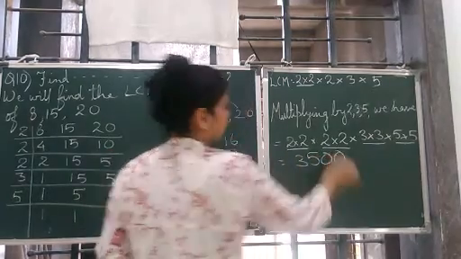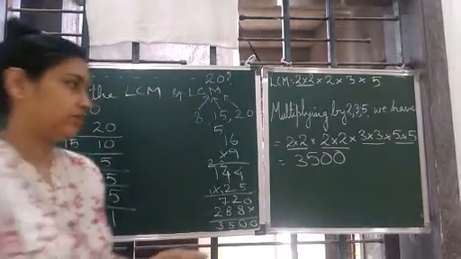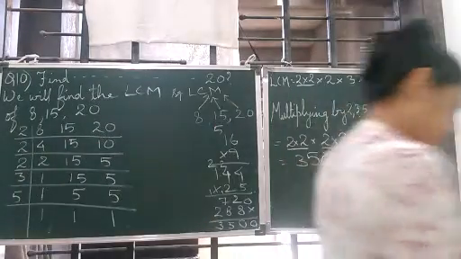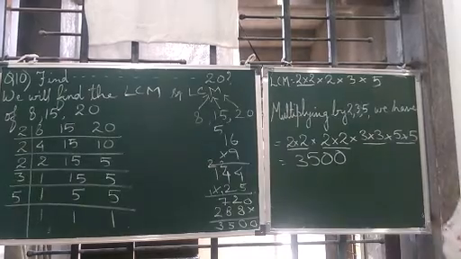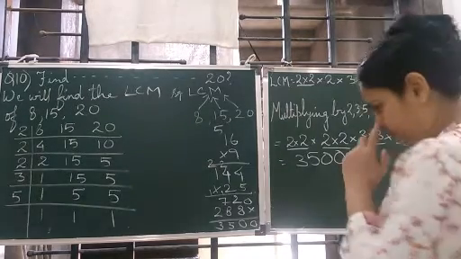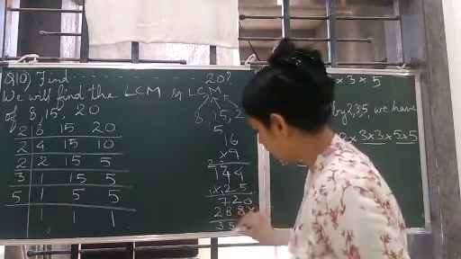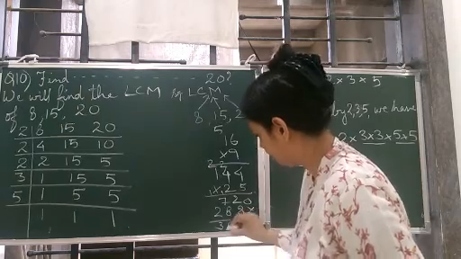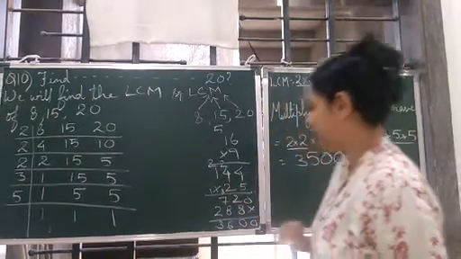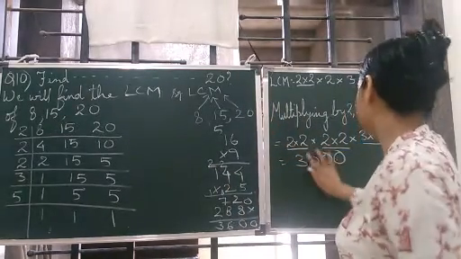The answer is 3,500. That is the smallest number. There is one I didn't see. 3,600.